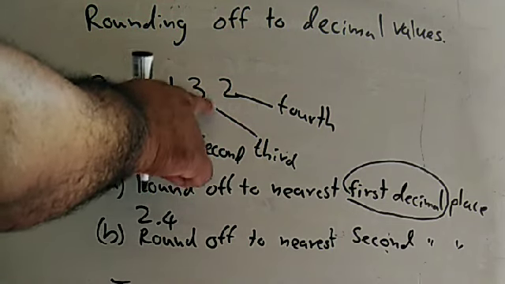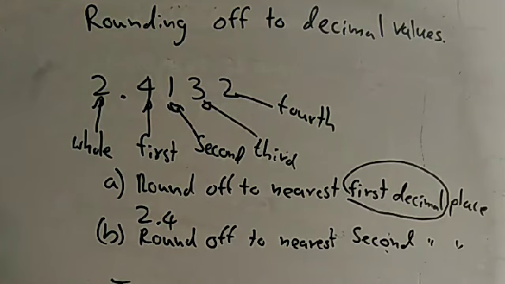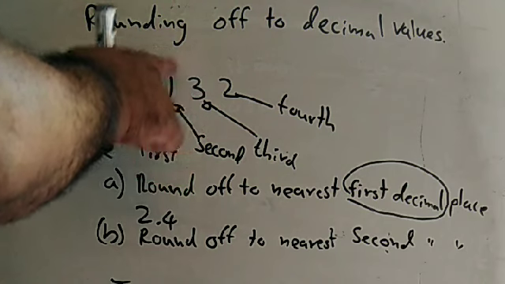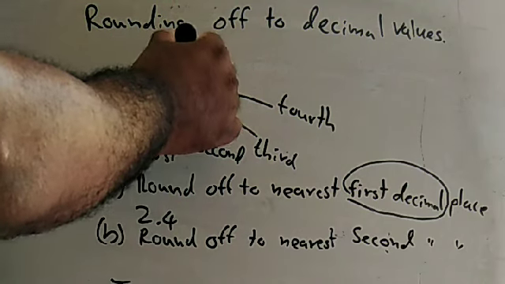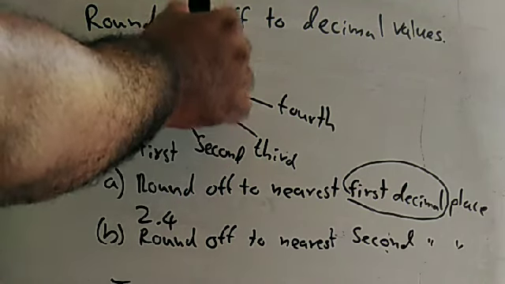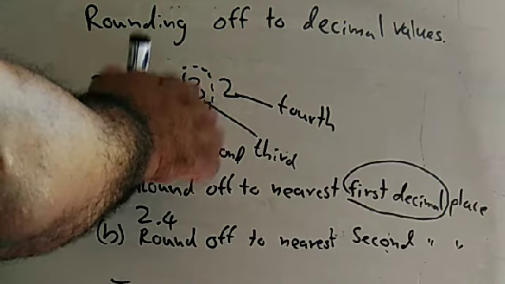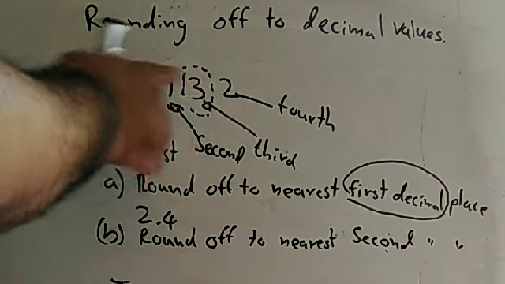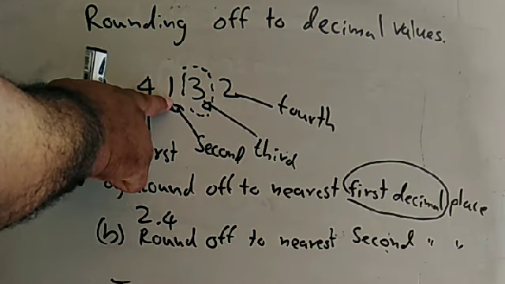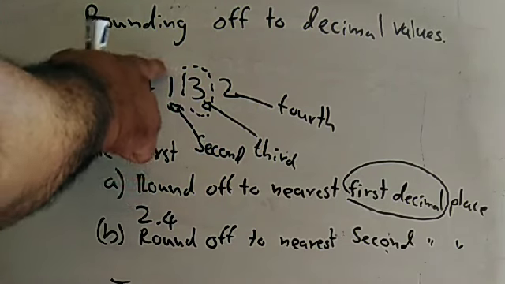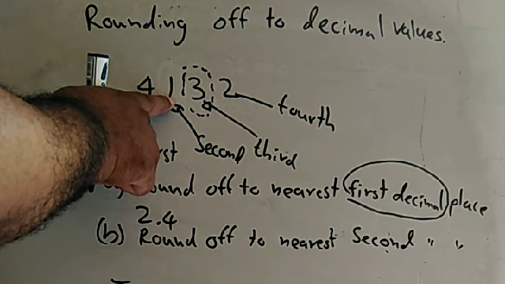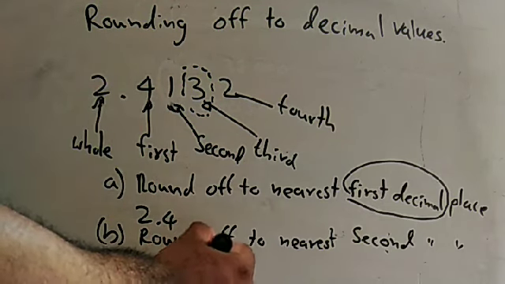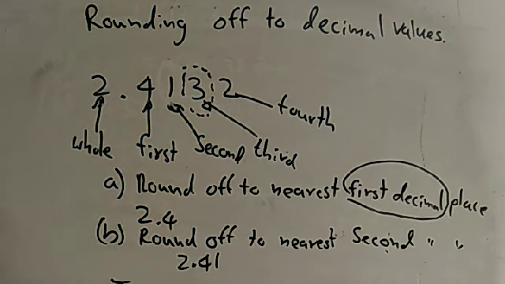Now you should find the third decimal place, on the right hand side. The third decimal place is 3, which is also below 5. If below 5, do not add anything to the front. So the 1 stays the same, and the answer is 2.41.